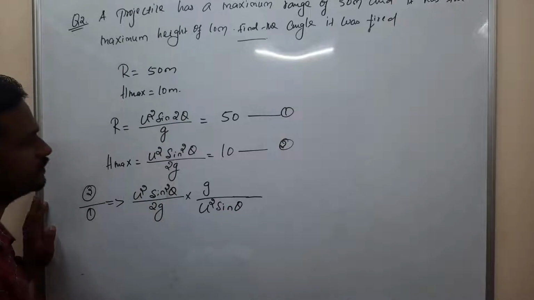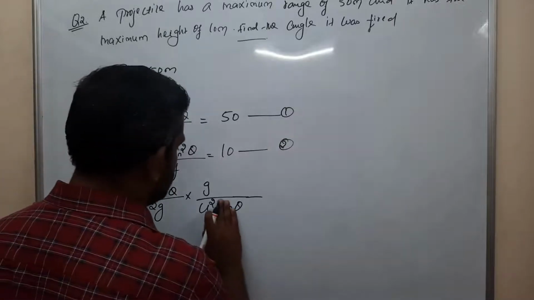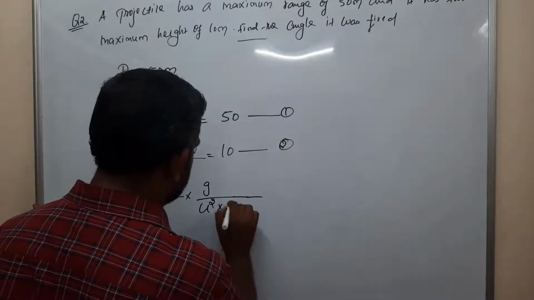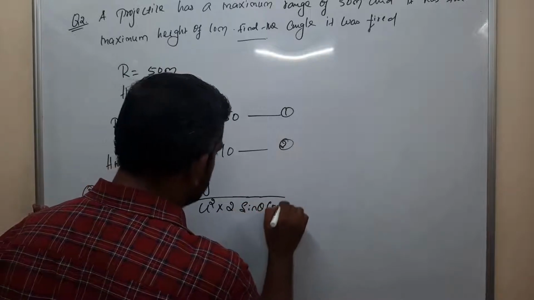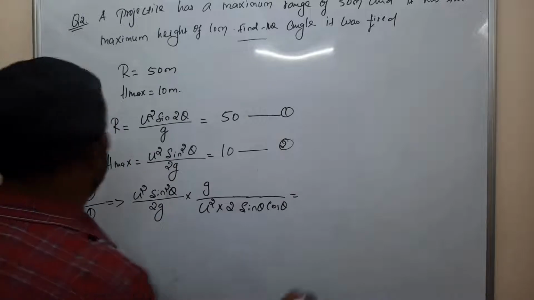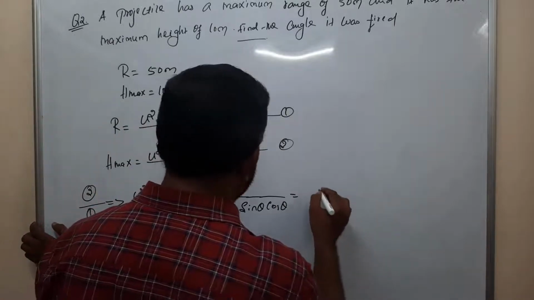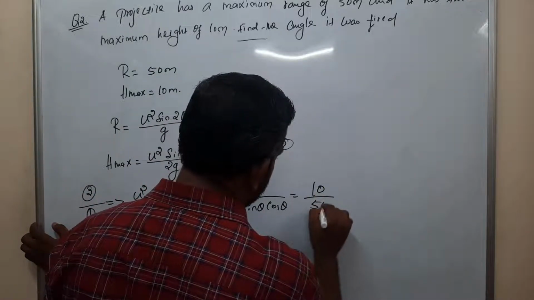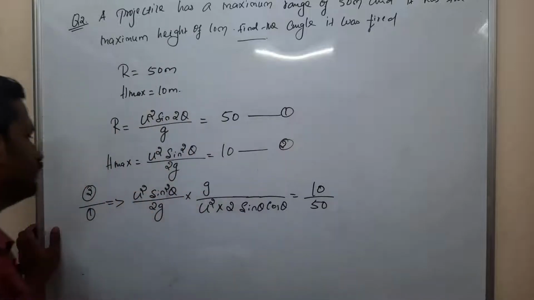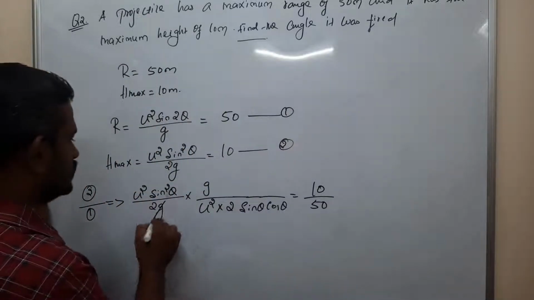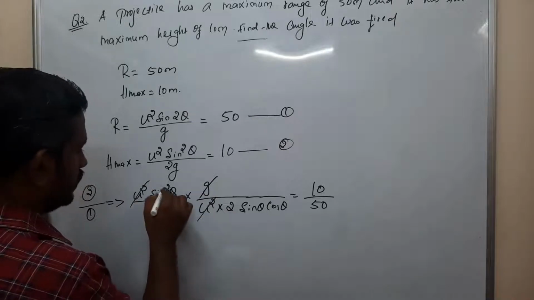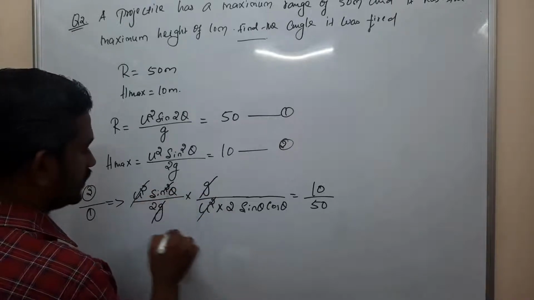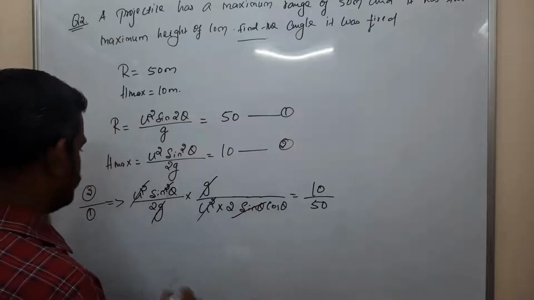Sine 2 theta means 2 sine theta cos theta, and that is equal to 10 divided by 50. So this g cancels, u square cancels, and one sine theta cancels.